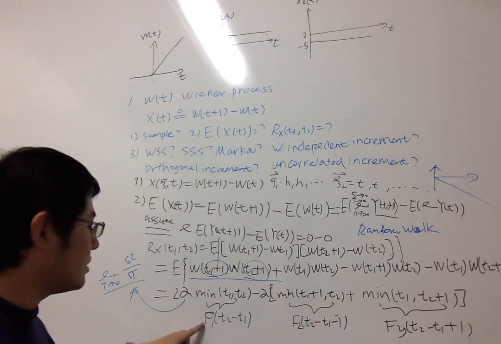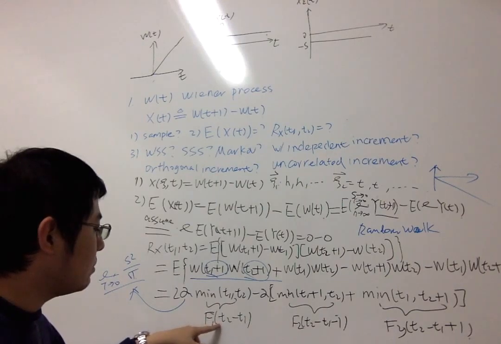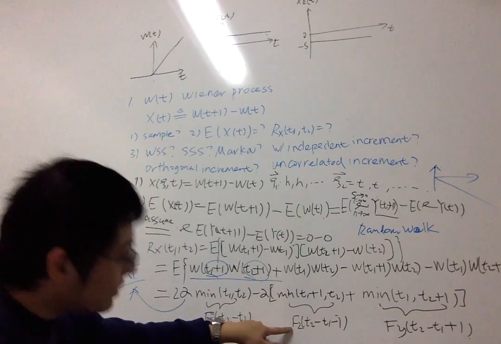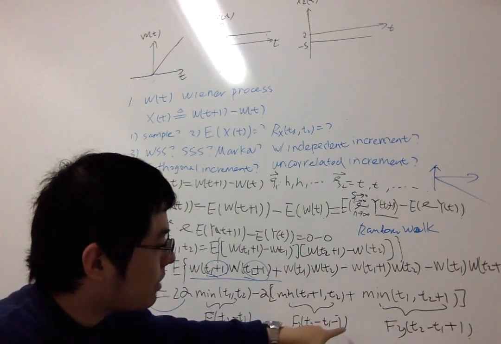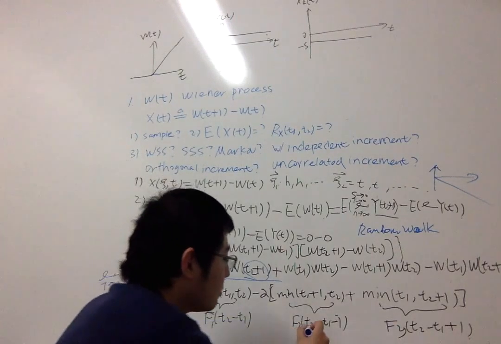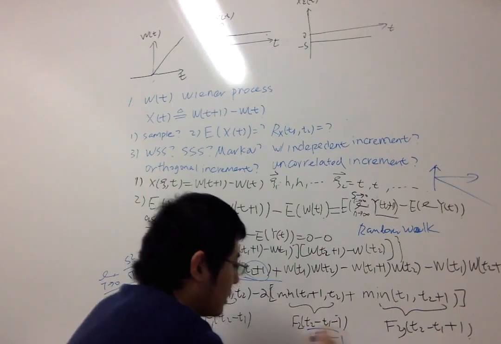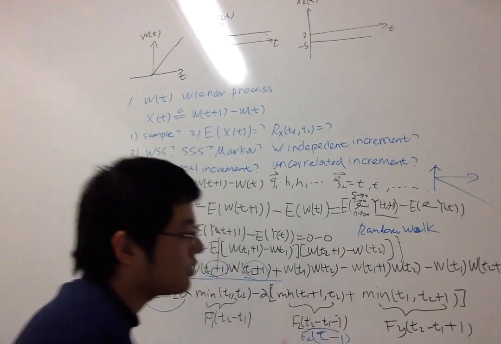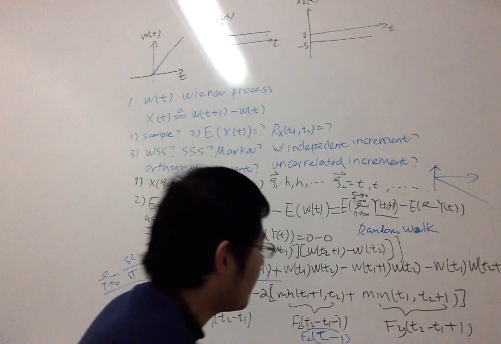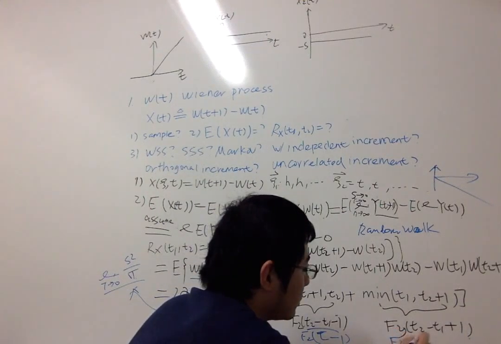So this is just a function of t2 minus t1, and this is a function of t2 minus t1 minus 1. It could also be written as f2 of tau minus 1, and the third one is f3 of tau plus 1.